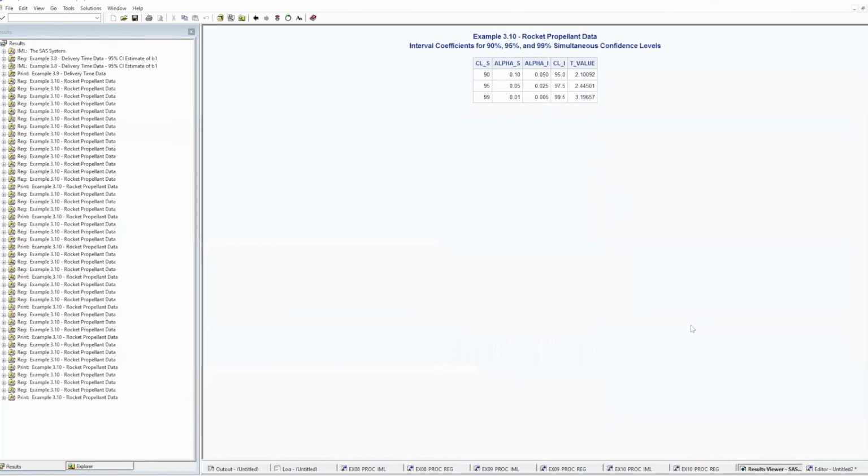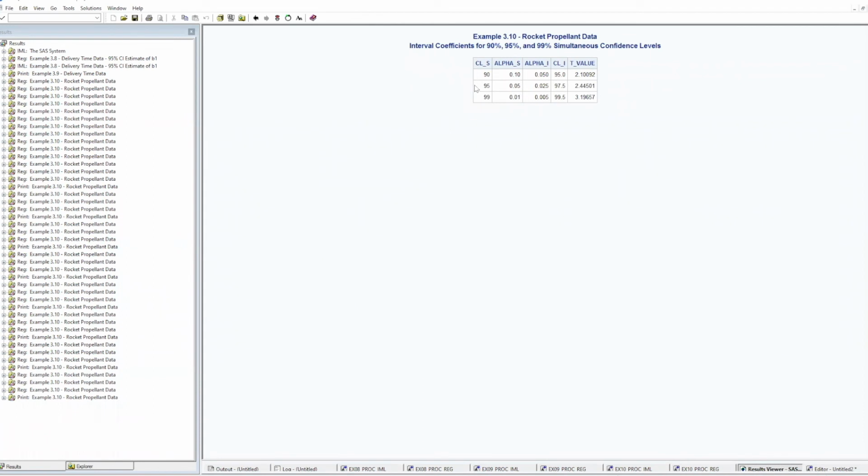And so we'll first get this table of t values. For two simultaneous confidence intervals at the simultaneous 90% confidence level, the corresponding t value is 2.10092.